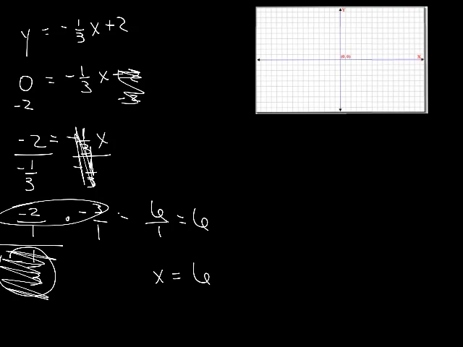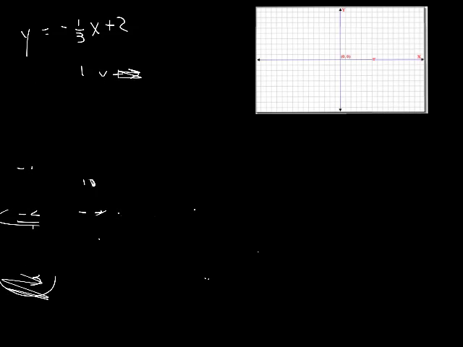That is my x-intercept. My ordered pair would be 6, 0, and I can graph that by counting 1, 2, 3, 4, 5, 6, about right there. Then it's asking me to find my y-intercept. My y-intercept is found the exact same way.